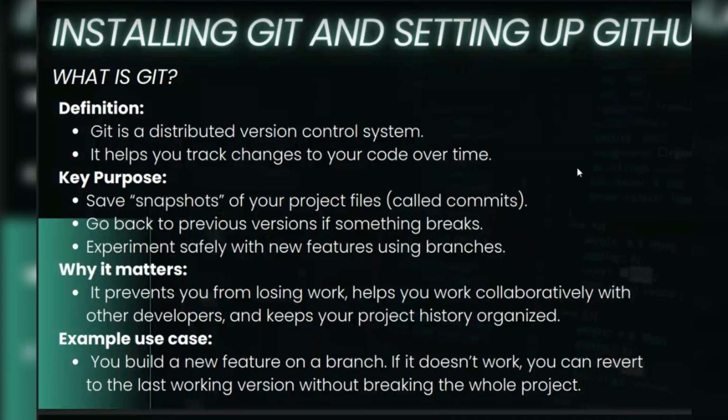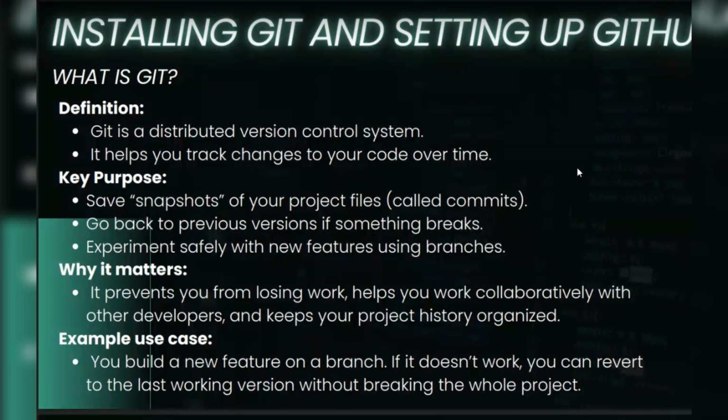Now, why it matters: it prevents you from losing work. Like I said earlier, sometimes as a web developer, unfortunately, your system might have issues or might just delete some files. But because you have stored them on Git, you can easily recover them. So it prevents you from losing your work. It helps you to work collaboratively with other developers.